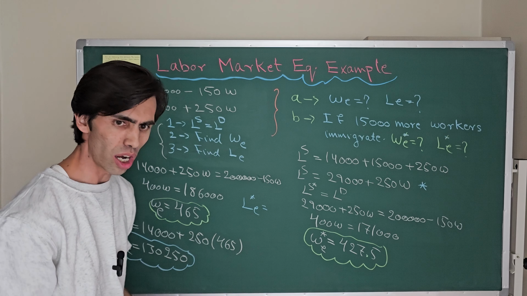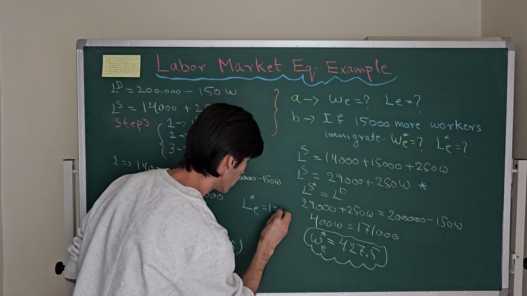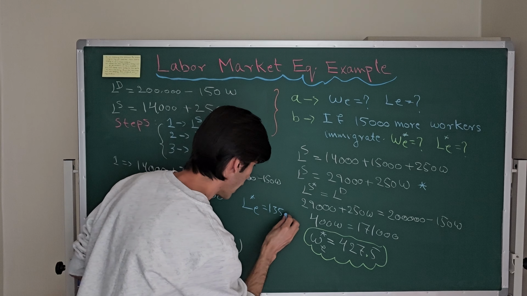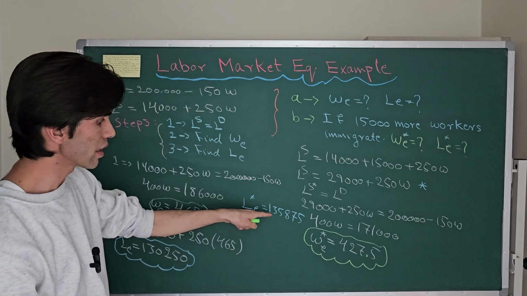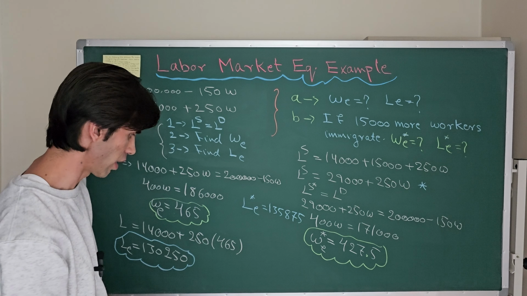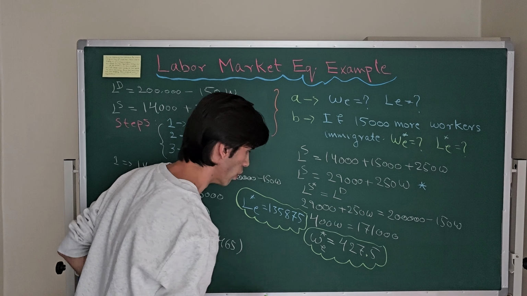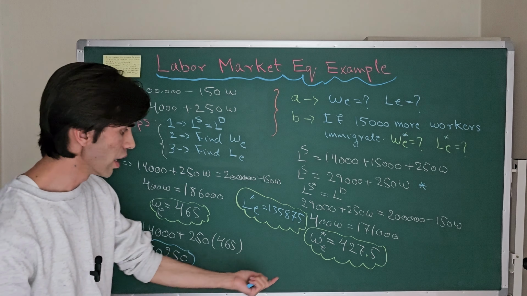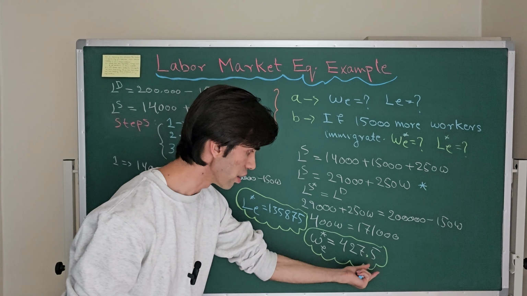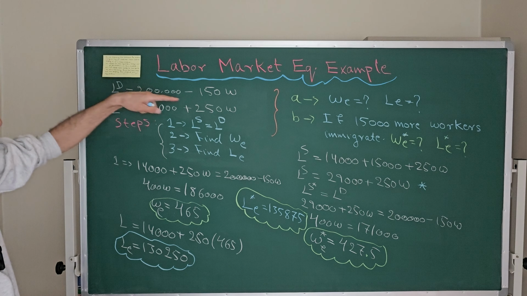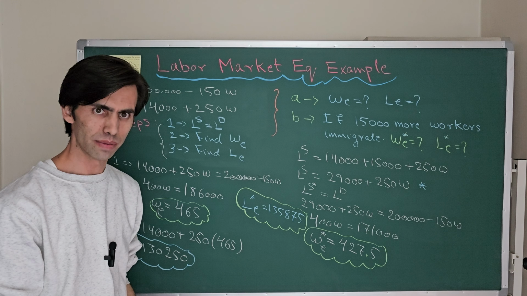Then LE star will be equal to 135,875. That many employees will be hired and supplied at the new equilibrium wage.